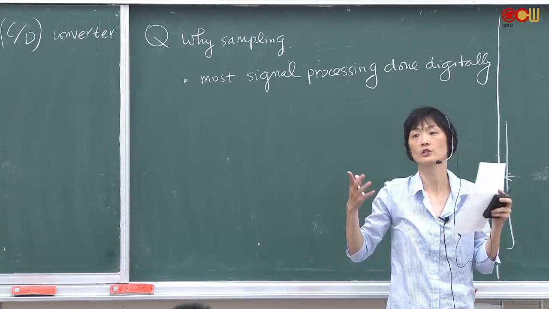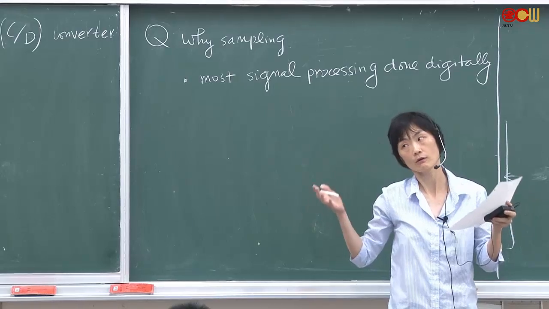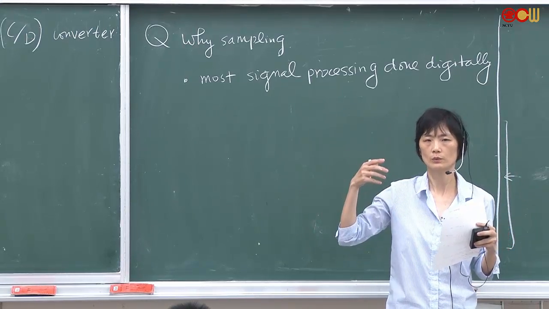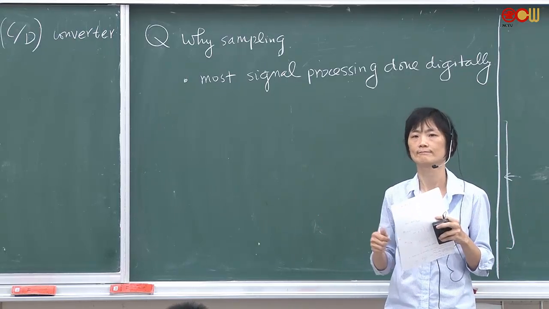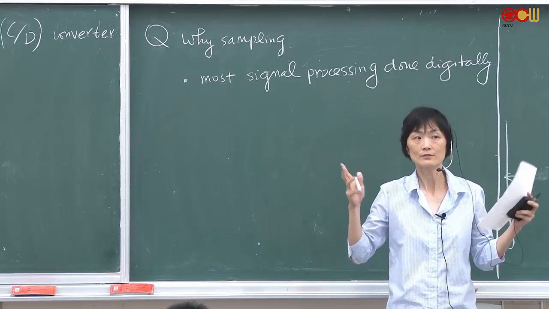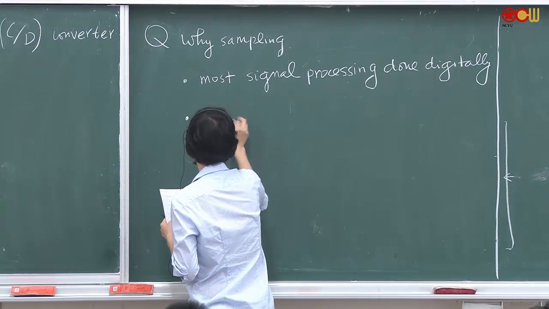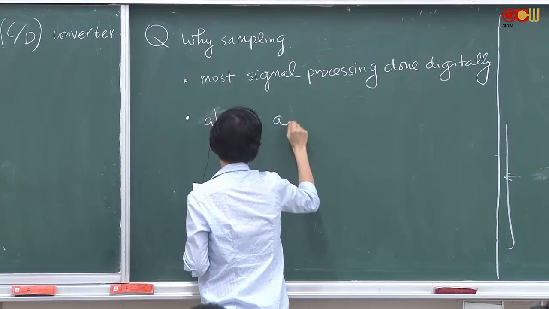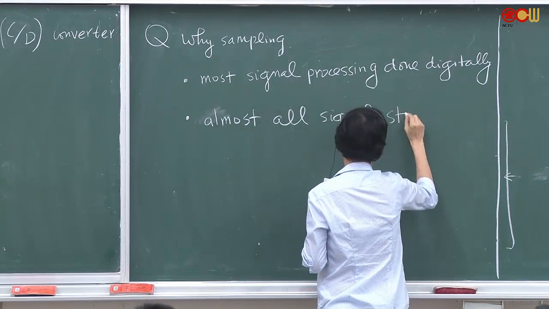That's as far as computation is concerned. Because most signal processing we do on a computer, so we need to do sampling before we do the processing, right? Any other reason? Storage problem. Because almost all signals are stored digitally.